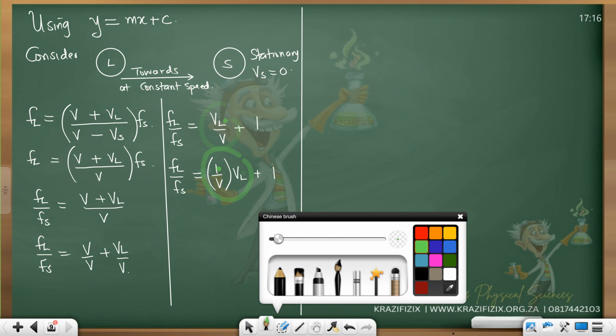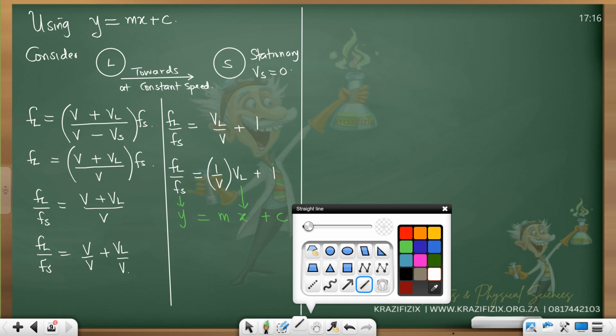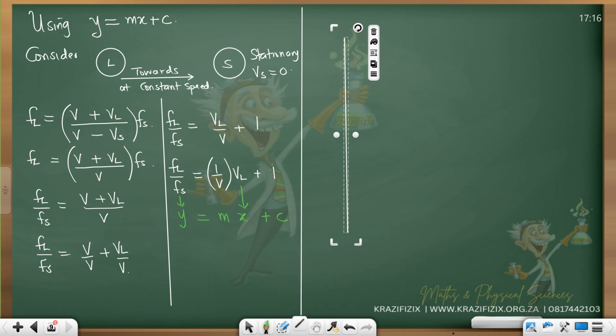This is the beauty now. Check: y is equal to mx plus c. On my y value, FL over Fs. On the x, VL. What will my graph look like?